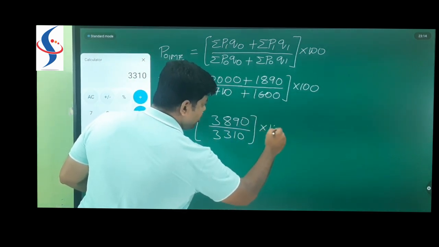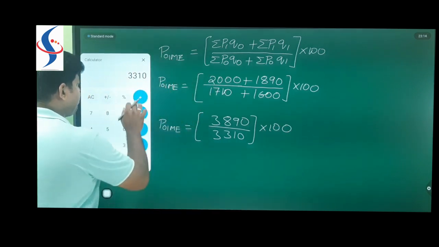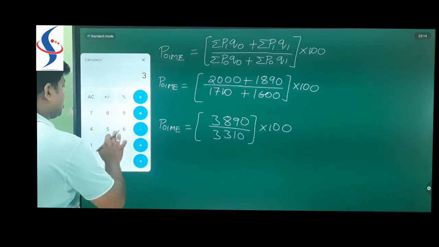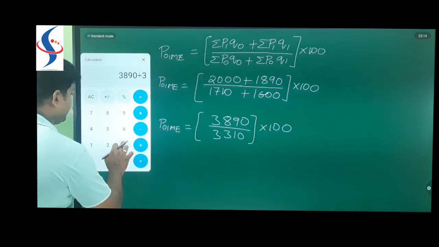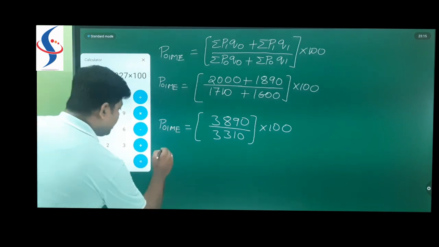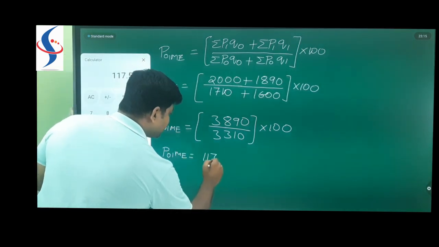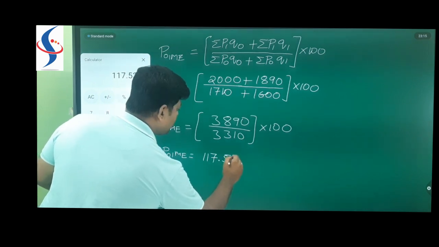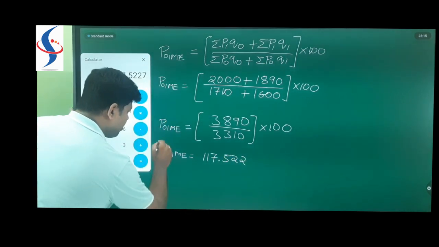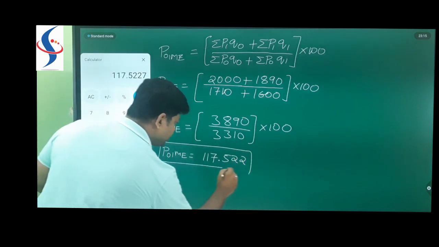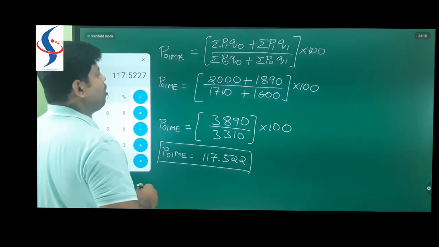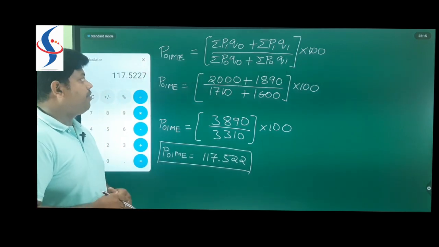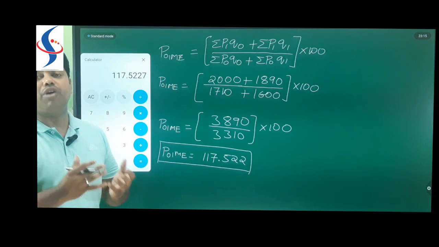Bracket close into 100. So next step, divide this, then multiply with 100. 3890 divided by 3310 into 100 gives you 117.522. You have to remember at least 3 digits after the decimal point. This is the answer for the price index number using the Marshall-Edgeworth formula.